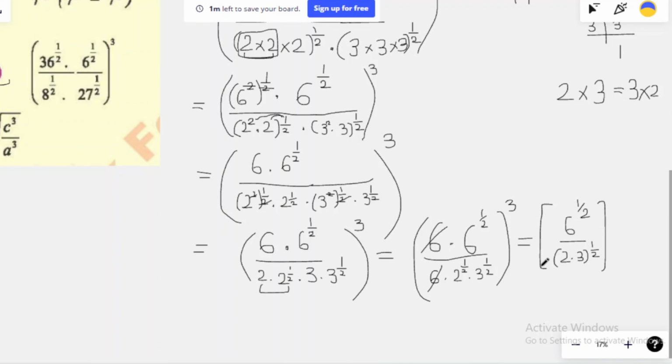So we can do the reverse of that: if you have two numbers with different bases but similar powers and they are being multiplied, you can write their bases inside a group, and that group will be raised to that similar power, and it will become 6 raised to the power 1 over 2. And this 2 times 3 will become 6.